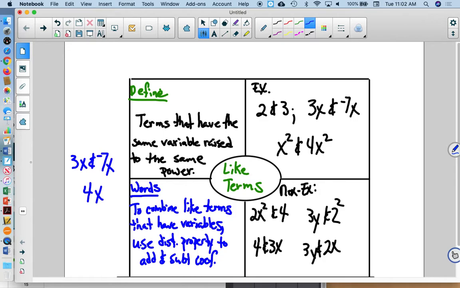Very good, because the negative 7 has the greater absolute value. That's the whole purpose of finding our like terms, so we can combine them and simplify. We still don't know what x is. We haven't got anything solved, but we've pulled them together under one statement, one term. The two have now become one.